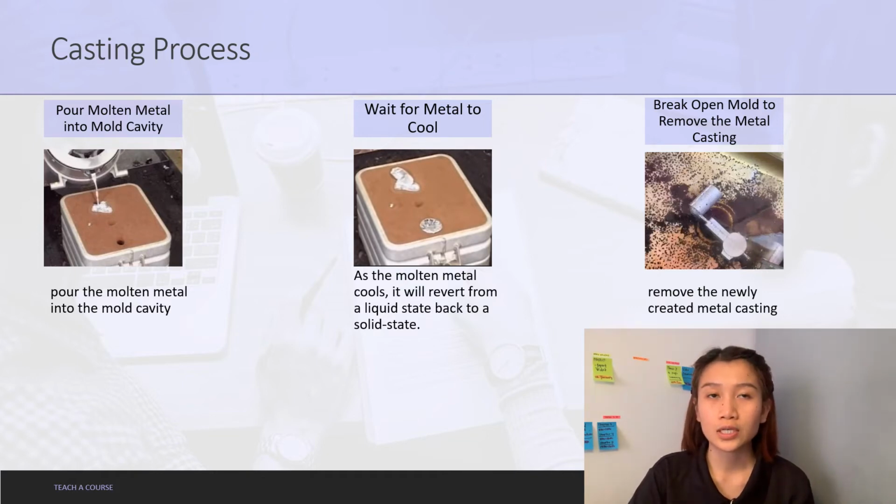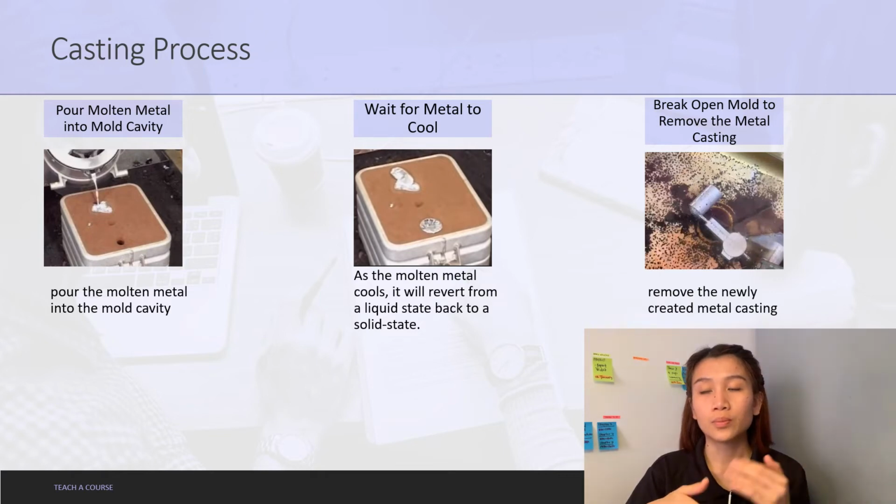This process is a little bit critical because you have to be very careful not to pour too fast or overfill the gating system, because overpouring will affect the look of the finished product.